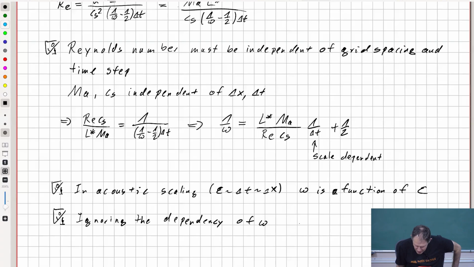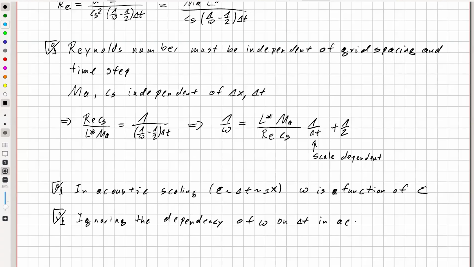So ignoring the dependency of omega on delta t in acoustic scaling is a persistent error in LBM literature.